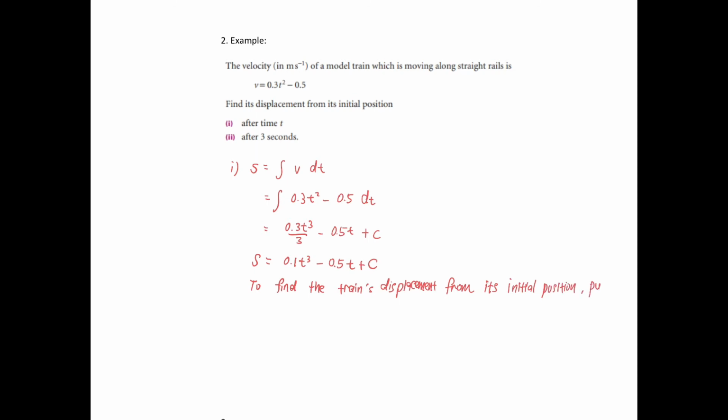We can put s equal to 0 when t equal to 0. So that means you substitute 0 inside. 0 equal to 0 minus 0 plus c. So you will end up with c equal to 0. And hence your s is equal to 0.1 t cubed minus 0.5 t, and that's all.